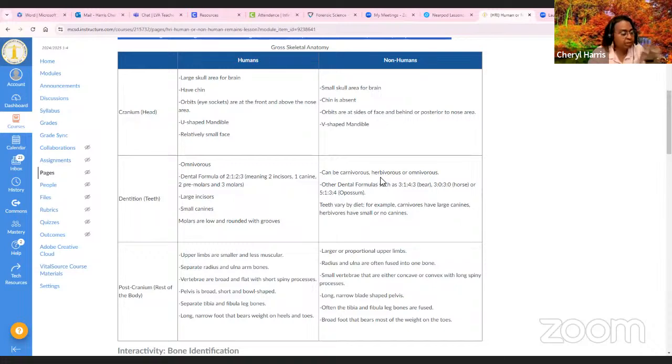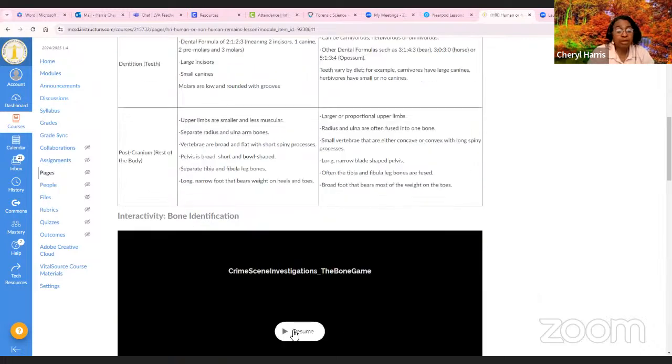Herbivores have flat teeth because they grind the grains that they eat, so their structure is different. And then you have the upper limbs where bones and muscles are attached, so they're shaped differently. So make sure you've read those boxes over.